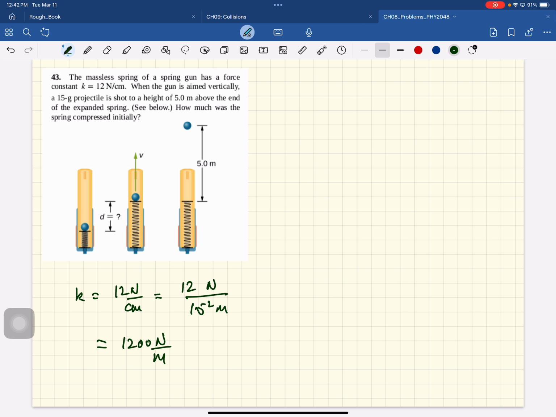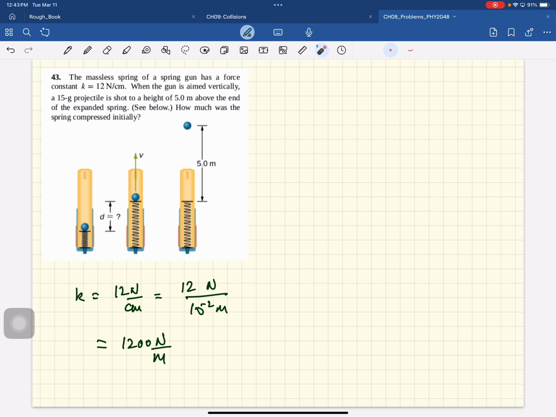That's the spring constant. It tells you how stiff the spring is. So most of our weight is about 600 newtons, 60 kg times 10. So two of us would have to stand on the spring to compress it 1 meter. 1 meter is that much.